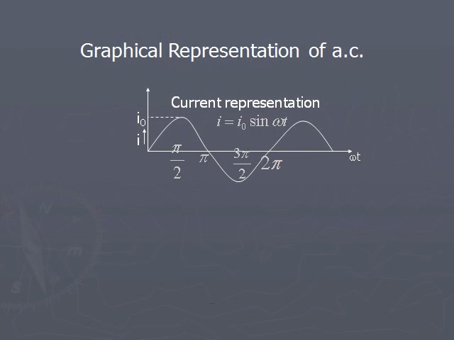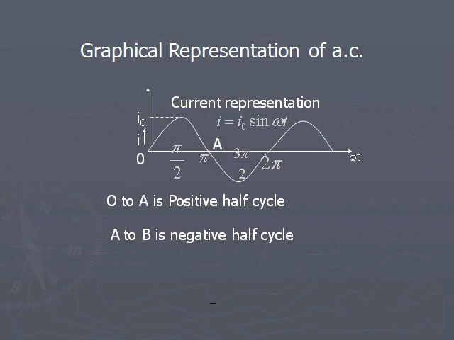The period from O to A is known as positive half cycle, and from A to B is known as negative half cycle. The positive half cycle means it rises to a positive maximum value and then comes to 0.